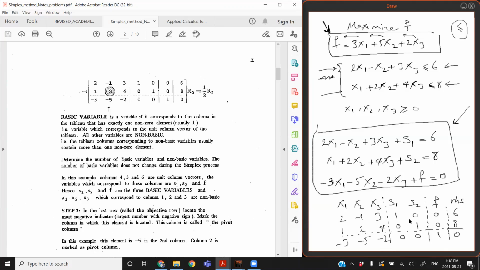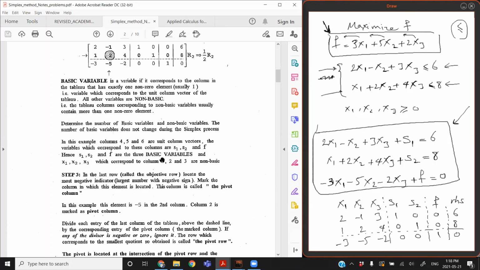The number of basic variables always stays the same. What we're going to do is that S1, S2, and F should become non-basic variables, and X1, X2, X3 should become basic variables, or maybe just X1, X2, and F will become basic variables. So the kind of operations that we do is towards that goal.